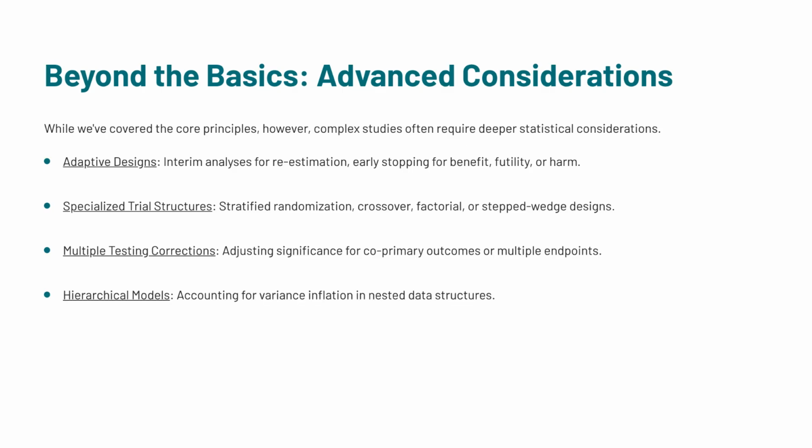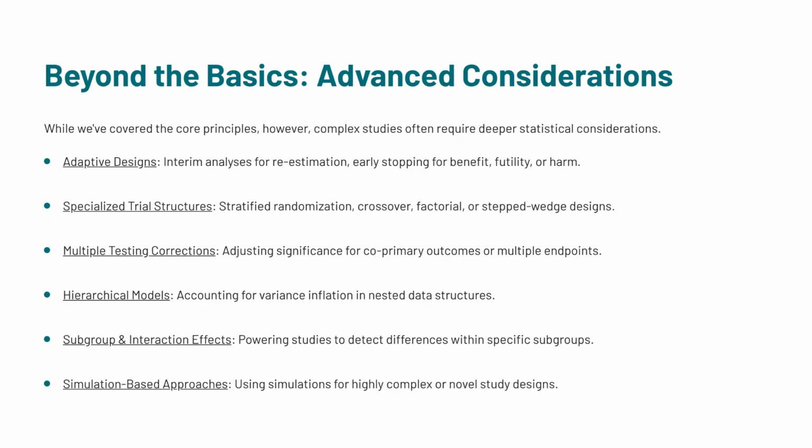There are also additional considerations for variance inflation in hierarchical models, powering for subgroup or interaction effects, or simulation-based approaches for highly complex designs. These advanced methods build on the same principles we covered today, but require deeper statistical expertise and careful planning with an experienced biostatistician.